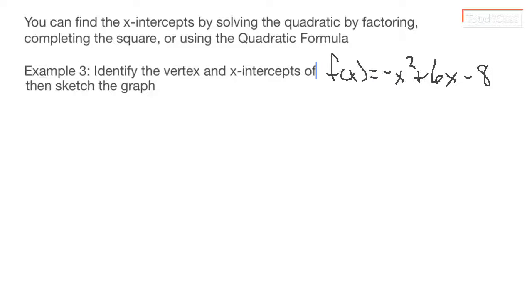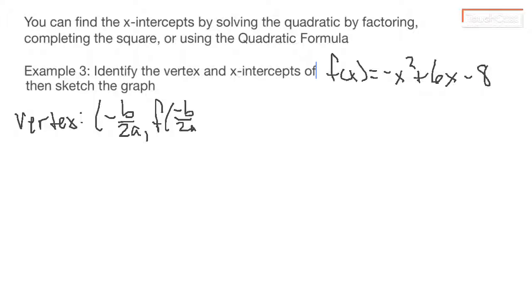So first, let's look for our vertex. So our vertex, remember, is an ordered pair where we take negative b over 2a, and then we plug it into the function to find the x and the y coordinates. Now in this function we're given a is negative 1, b is 6, c is negative 8.